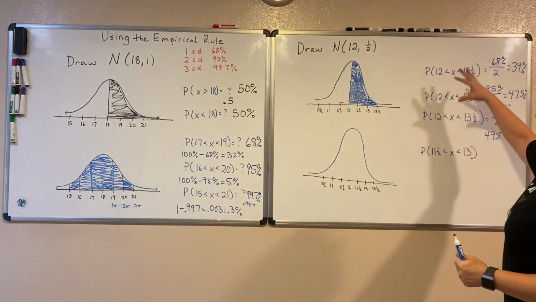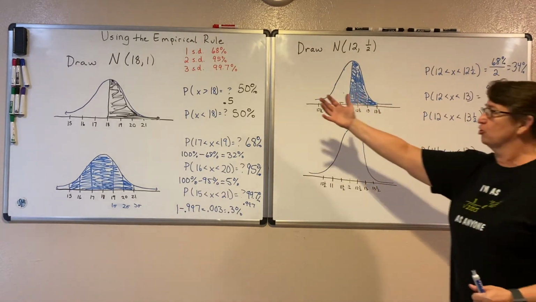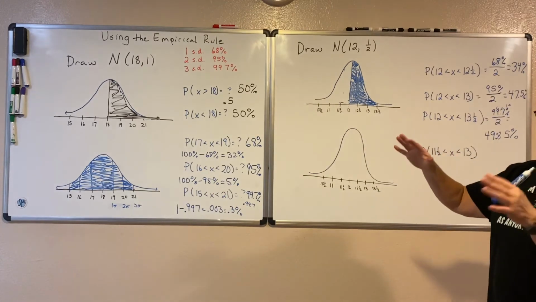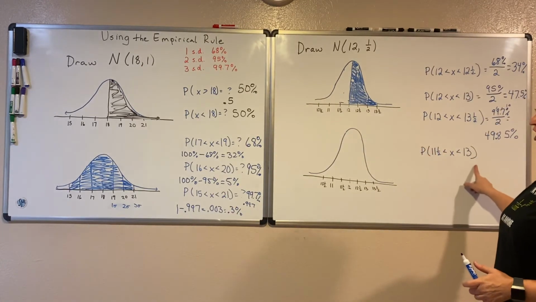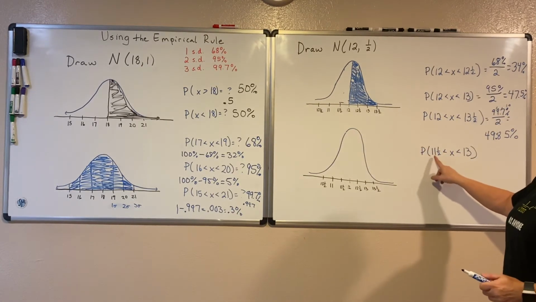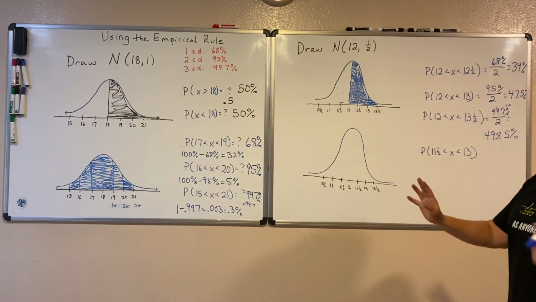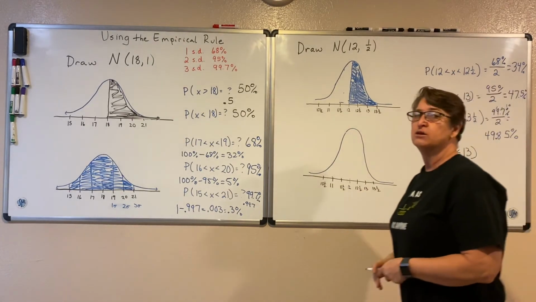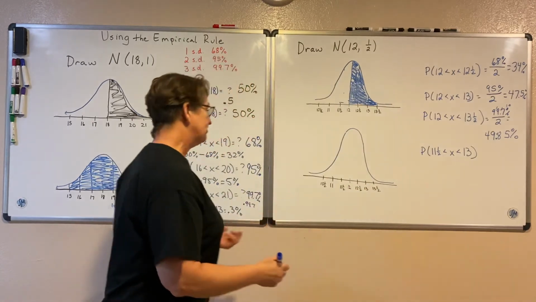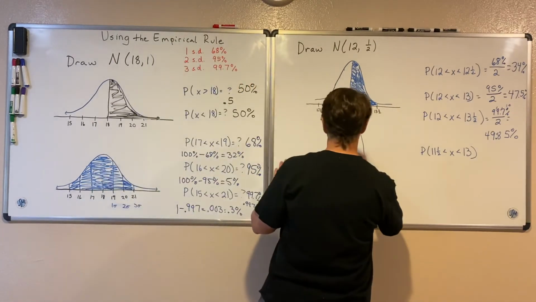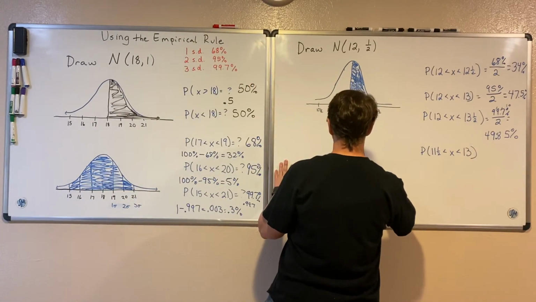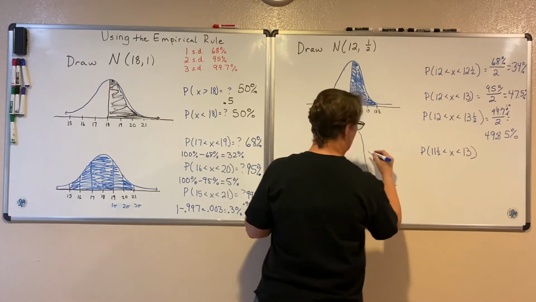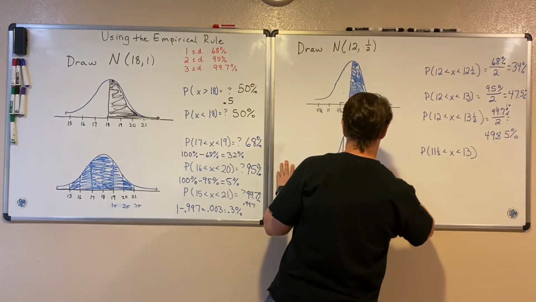Now we can use this idea of the empirical rule and being able to split things in half to help us find other things as well. So for here, I'm looking for the probability that if I randomly choose a data point from this distribution, I get something between 11.5 and 13.